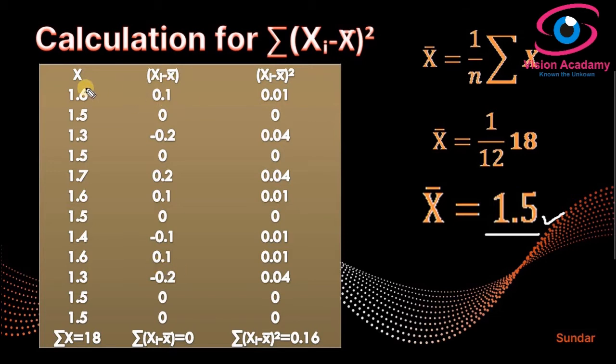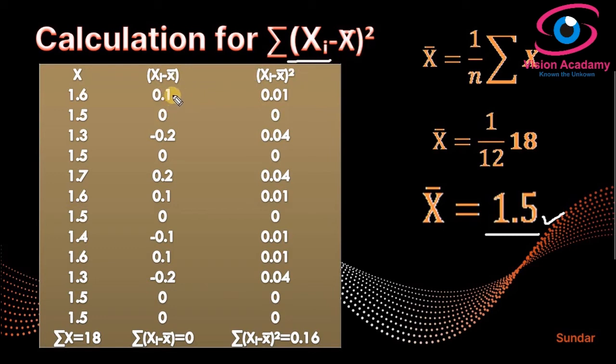After subtracting x bar, the mean, from each sample value, we now have to take the summation of (xi minus x bar) whole square. In the second column we have xi minus x bar, whose summation must be 0, and for the next column we take (xi minus x bar) whole square. We have to make this square.